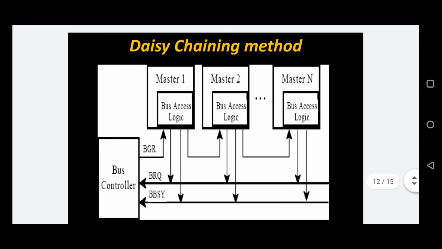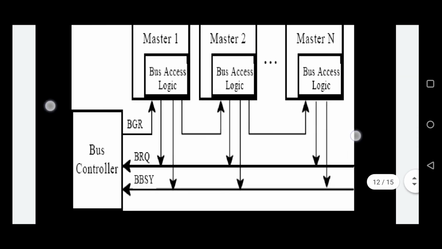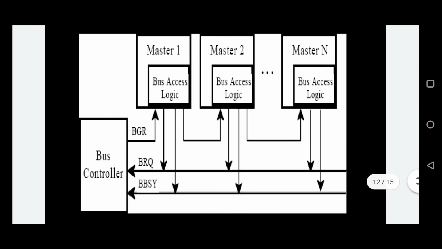First we are going to discuss the daisy chaining method. In this block diagram, the bus controller is there, and here master 1, master 2, up to master n. So there are n number of masters. Here there are two common signals in this bus controller: BRQ, which is the bus request, and BBSY, which is the bus busy signal.